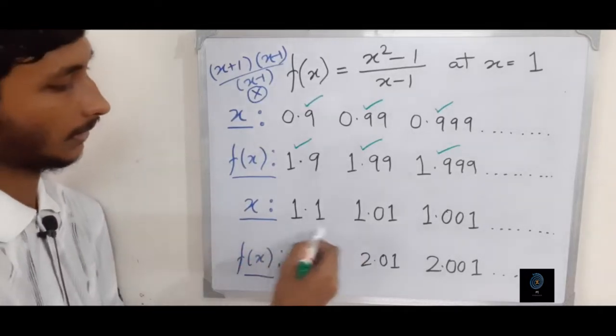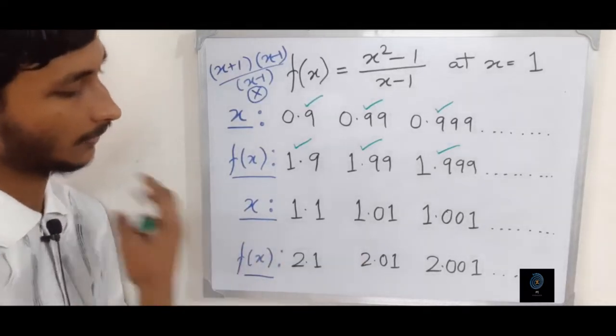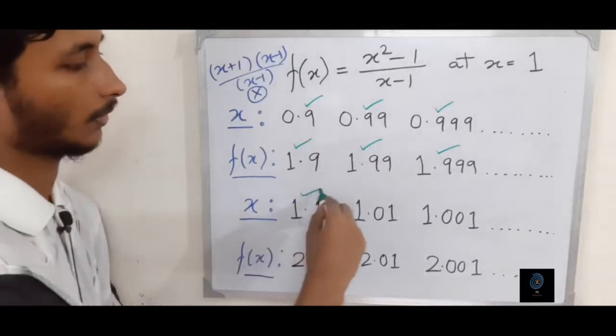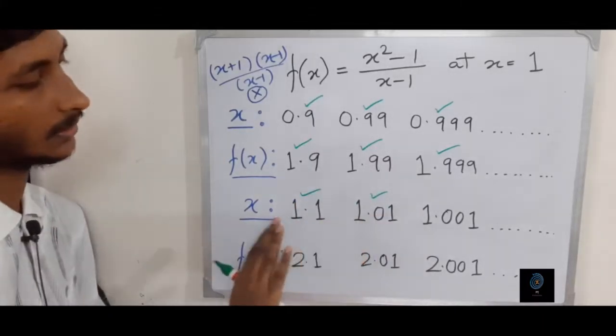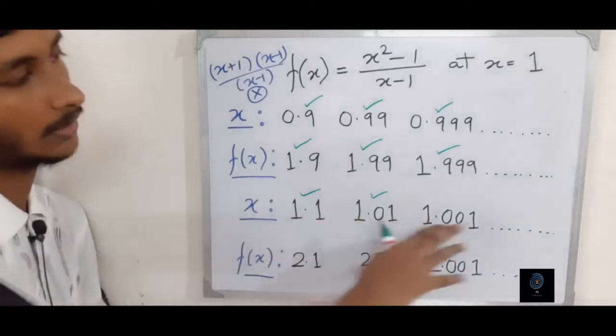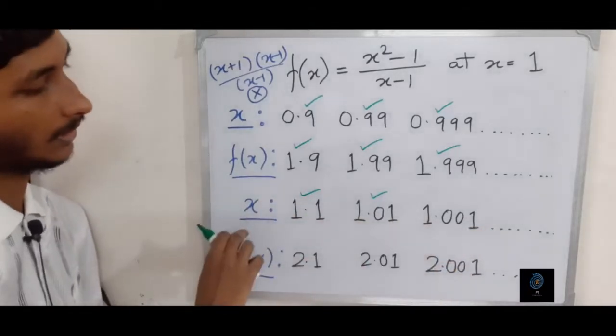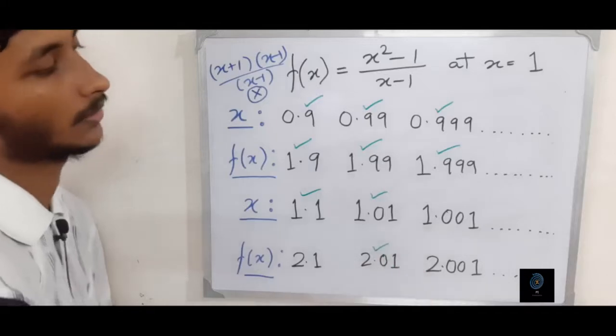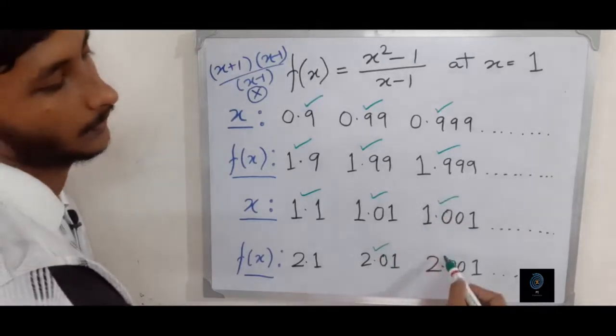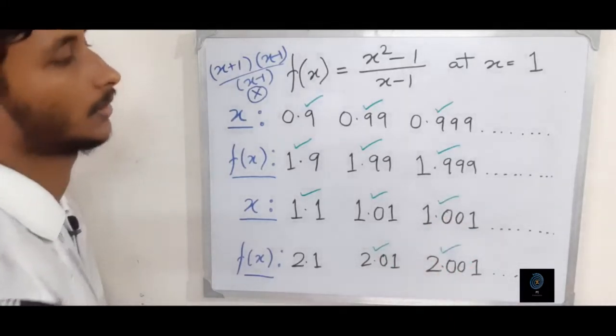Like take x equal to 1.1, we will get f(x) equal to 2.1. For x equal to 1.01, we are pushing x closer and closer towards 1, but never touching 1, never making x equal to 1, we will get 2.01. For 1.001, we will get 2.001.